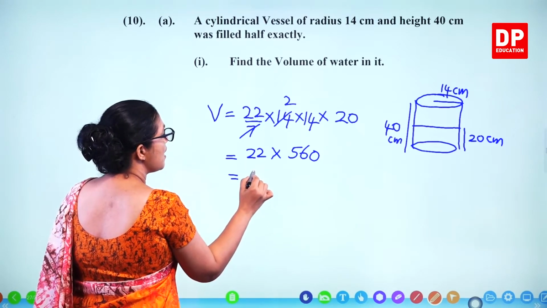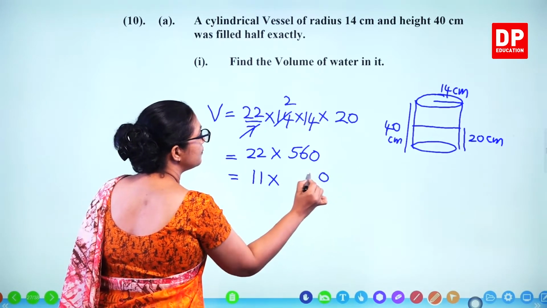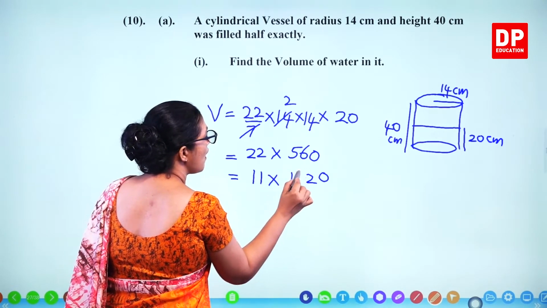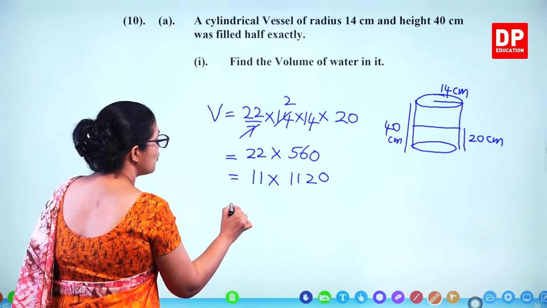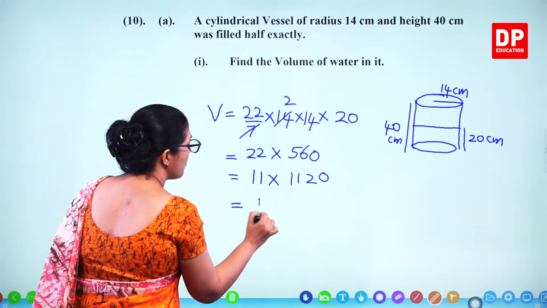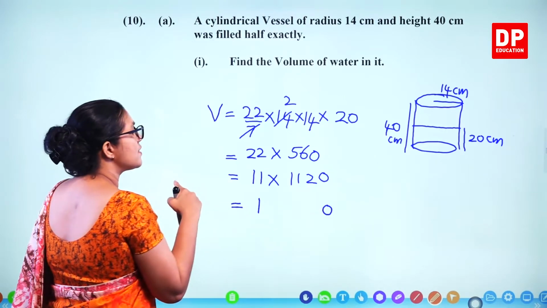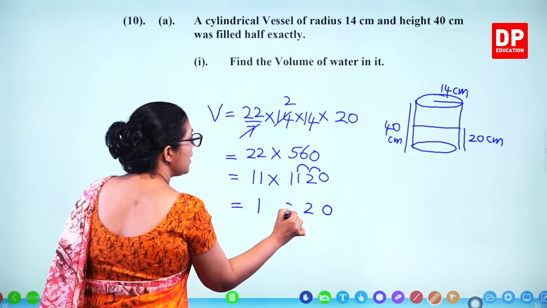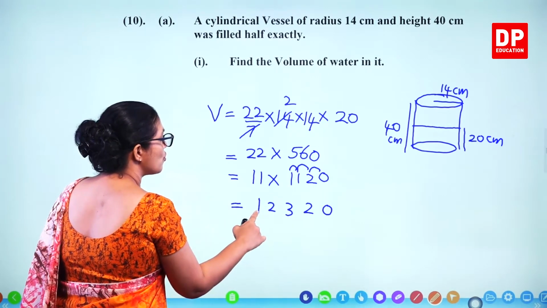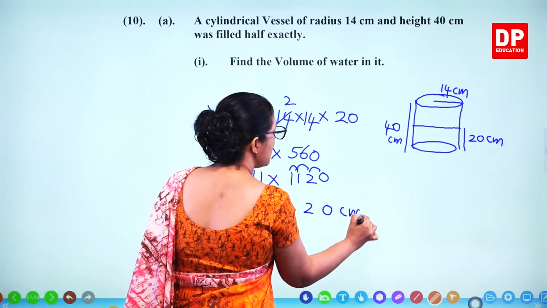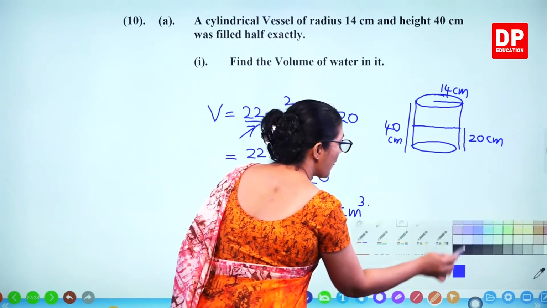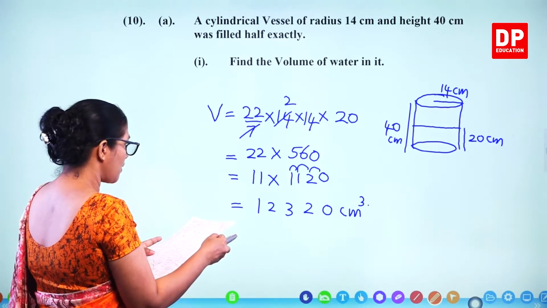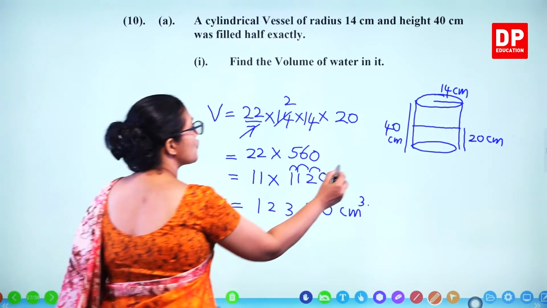So that means again multiply by 2 here. 2 times 6, 12. 2 times 5, 10 plus 1, 11. It's easy to multiply by 11. So what you do, separate first digit and last digit and just add it. 2, 3, 2. So 12,320 cubic centimeters. Let's see how many marks. 320, 3 marks for that.